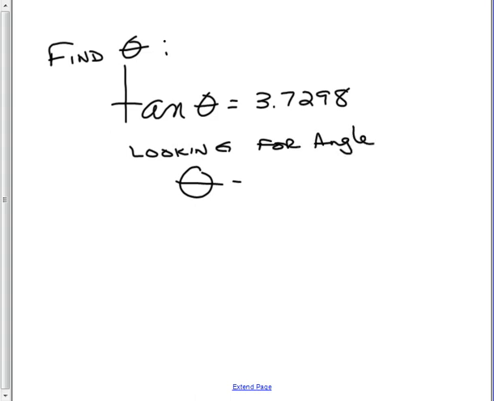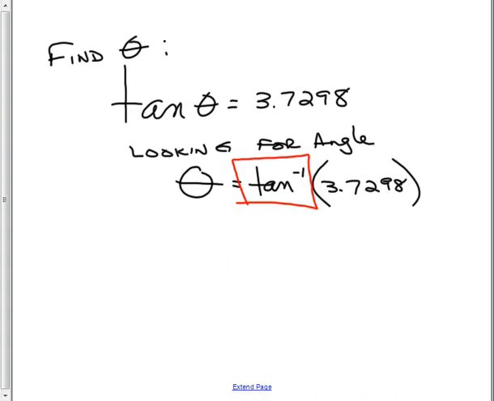So we're going to do an inverse tangent of 3.7298. And on yours, just type it in. Remember, it's 3.7298. And then do that inverse tangent, the shift tangent, or second tangent, whatever the -1 is on your calculator.